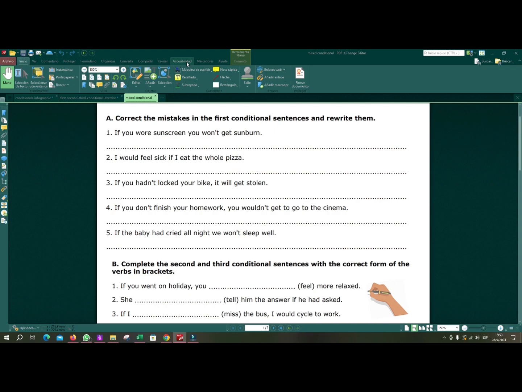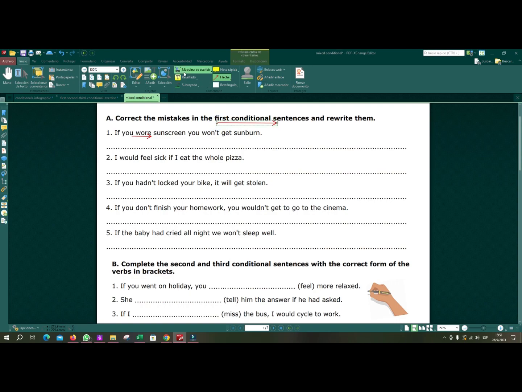First of all, here we have this. Wear. That would be like the mistake, right? So that will be a first conditional, right?